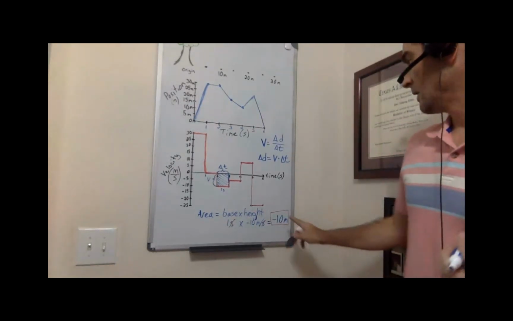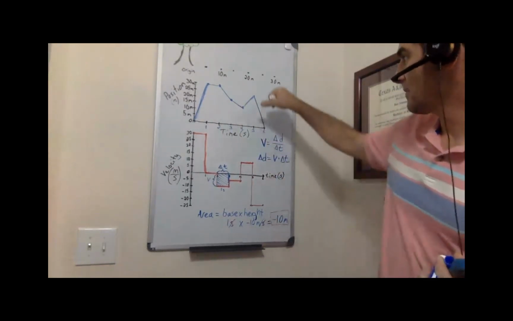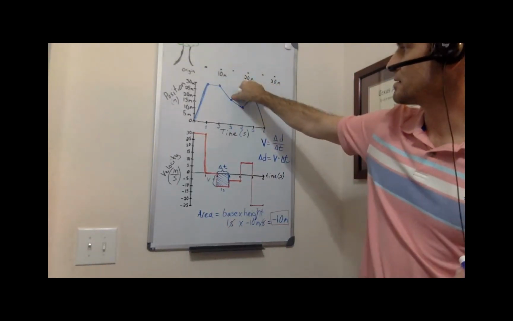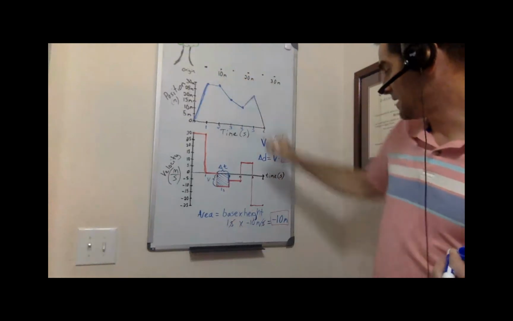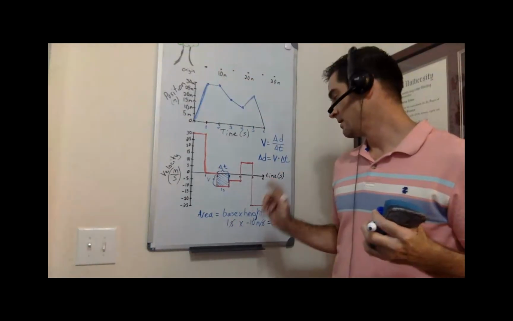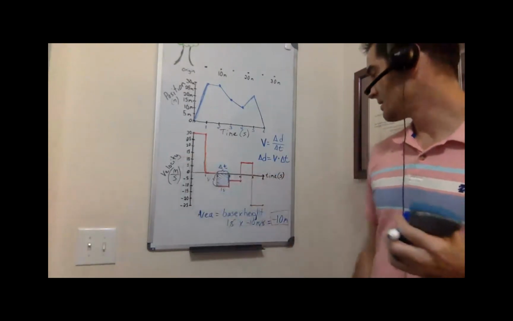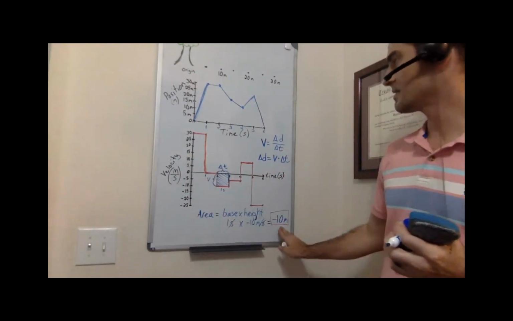And if we look back at our position time graph, at this time, remember, we went from 30 meters to 20 meters. So we went -10 meters. So you see the area under the curve on a velocity time graph is the distance traveled.